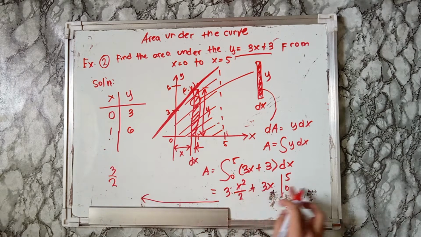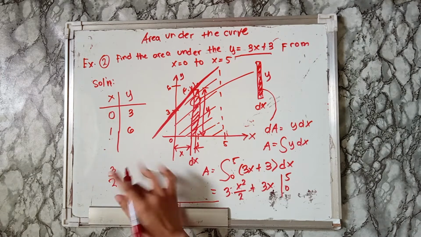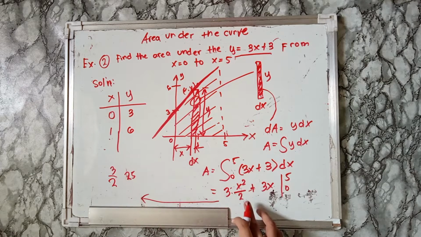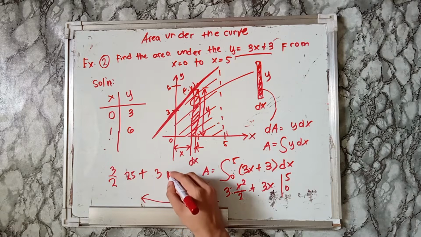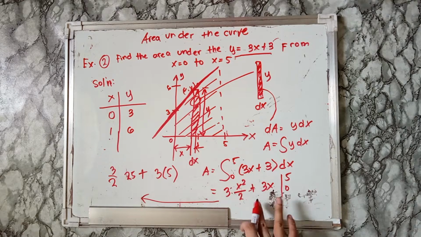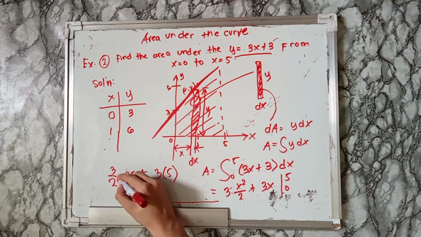So now, substitute the limit. We have 5 squared, which is 25, plus 3 times 5. Now, if we substitute 0, it will just be 0, so we will not write that.